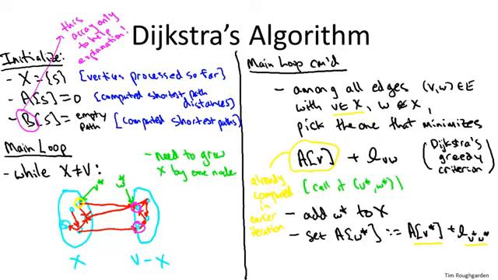Maybe it's something like 17. And then we'd ask, what is the length of this direct edge from V star to W star? Maybe that's 6. Then we would just add 17 and 6, and we would put 23 as our estimate of the shortest path distance from S to W star.